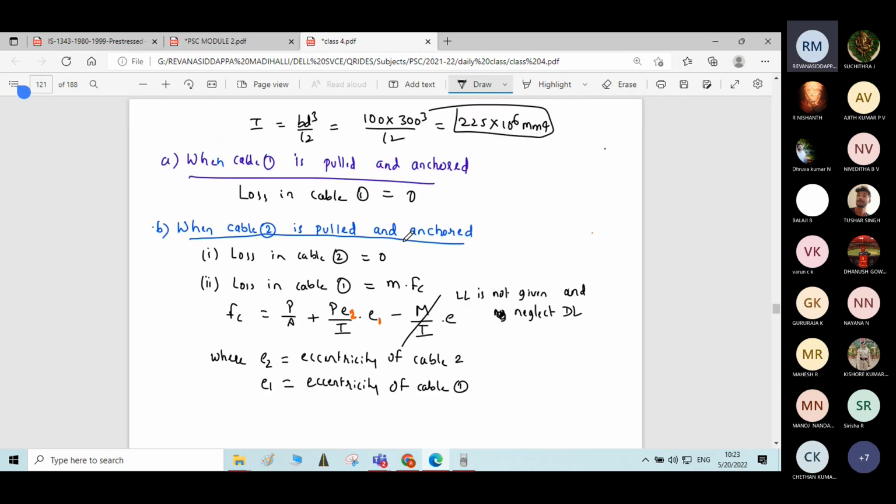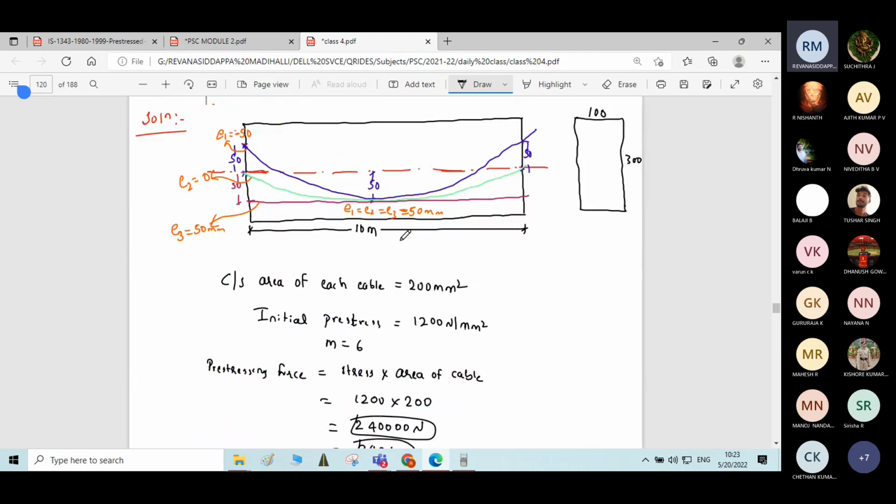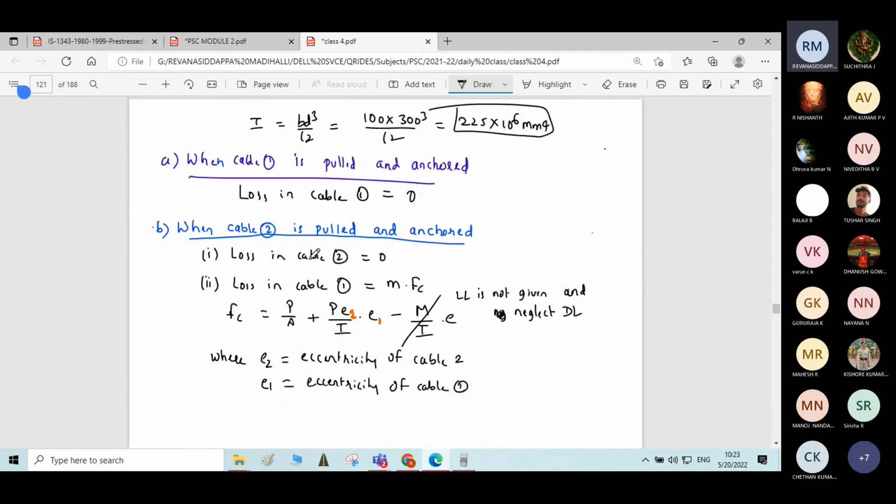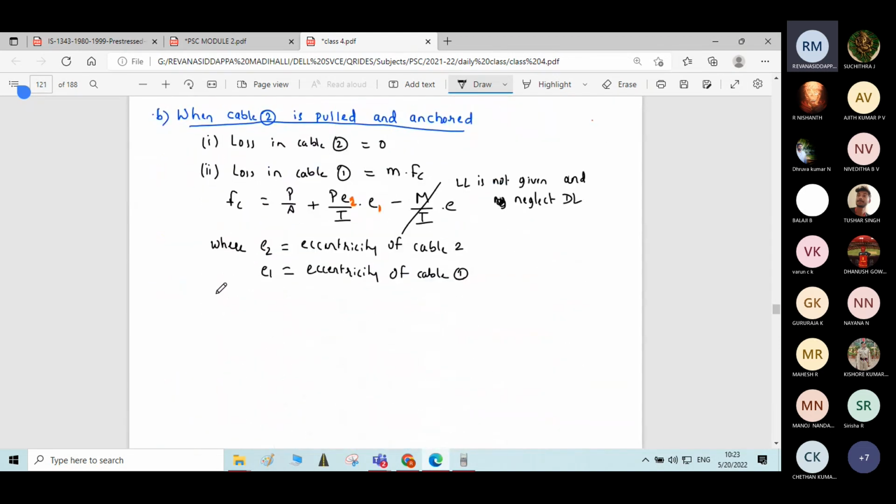Again it is a parabolic cable. Parabolic cable at support and at midspan, you need to calculate fc support. fc support is equal to, and e2 is equal to fc support.